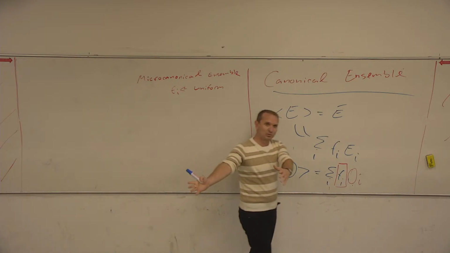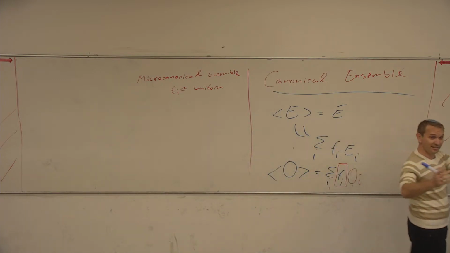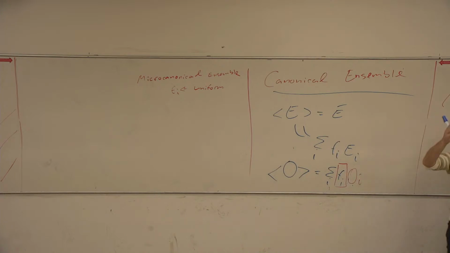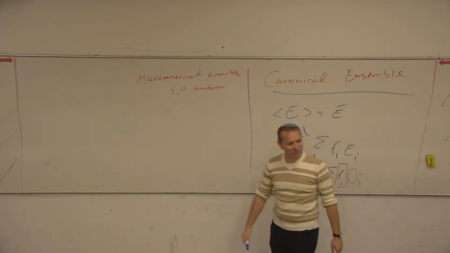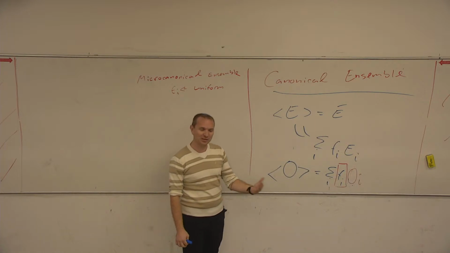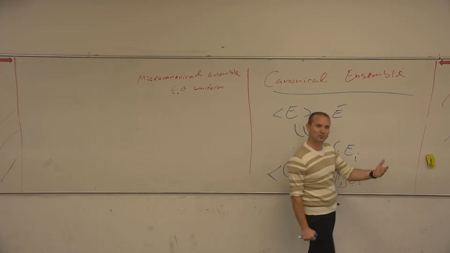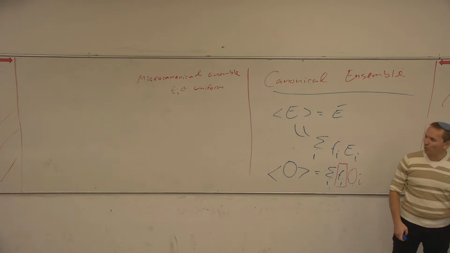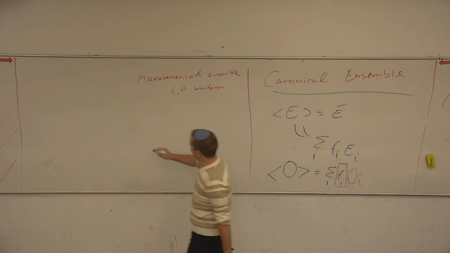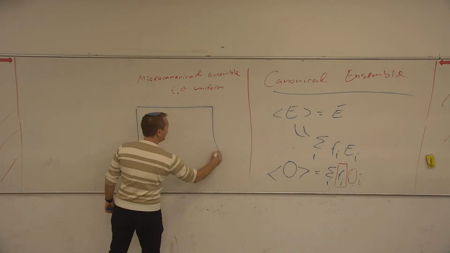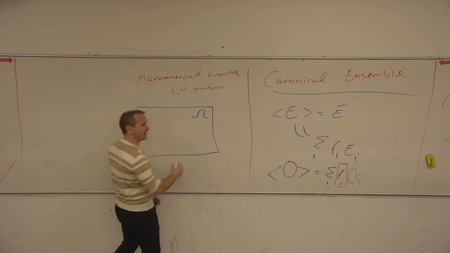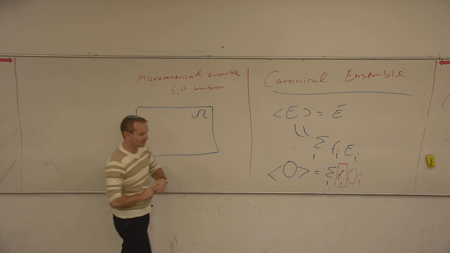So there is a probability and there is a conditional probability, right? There is something which is called conditional probability. Okay? What is a conditional probability? If you have a sample space, and this was omega, right?